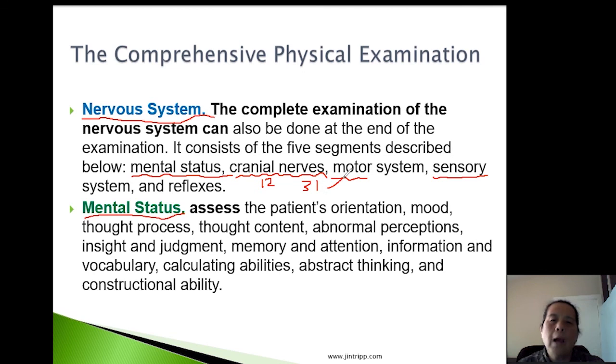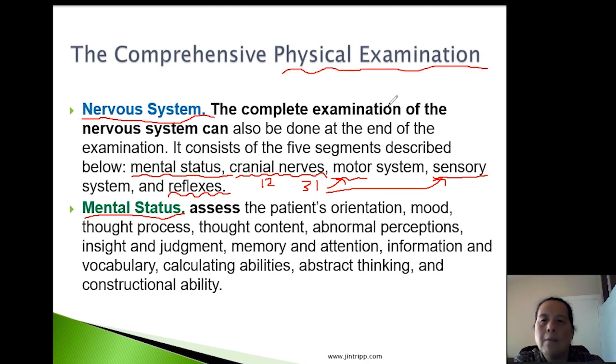They also have motor function and sensory function for different parts of the body. And also we have reflex function. We will put the detail for later. We have a lot of classes later, especially for physical examinations. We just get some basic idea for today, like what is in our class.